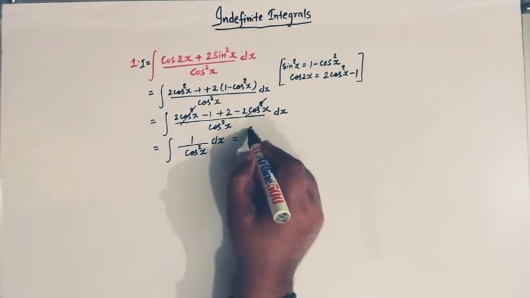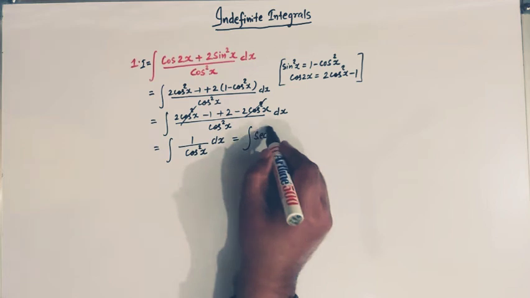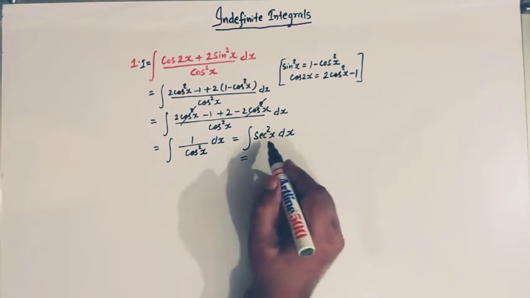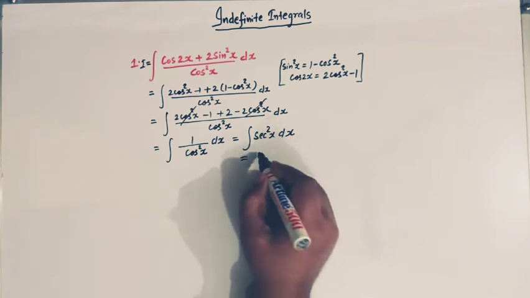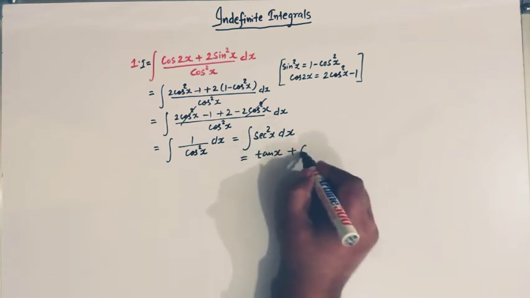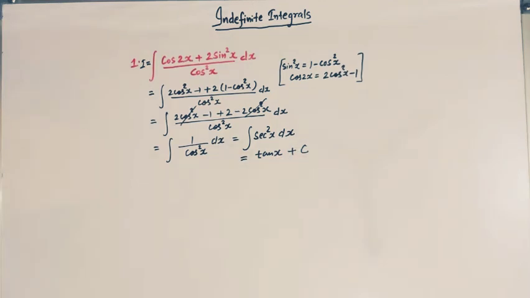And this is equal to sec square x, and we know that the integral of sec square x is tan x, and here we'll write the constant of integration as c.